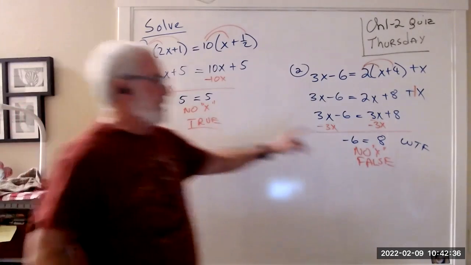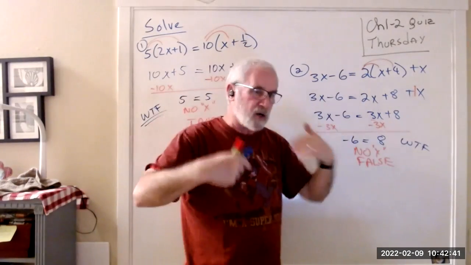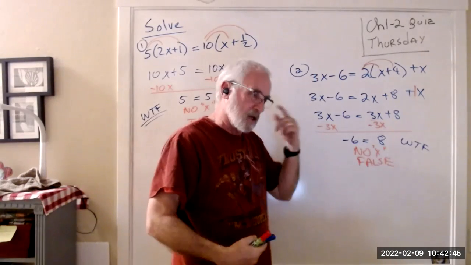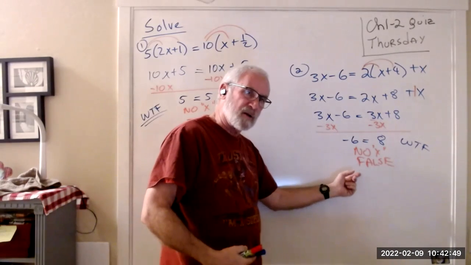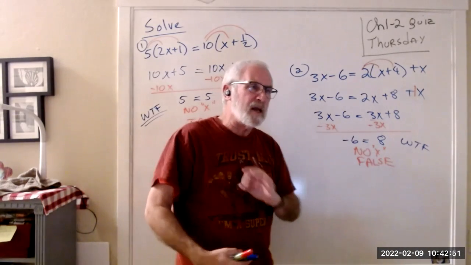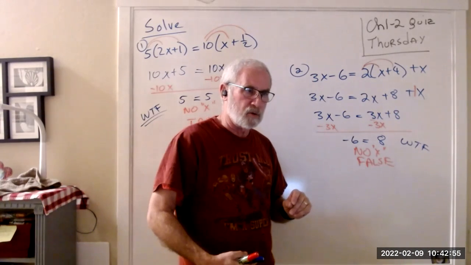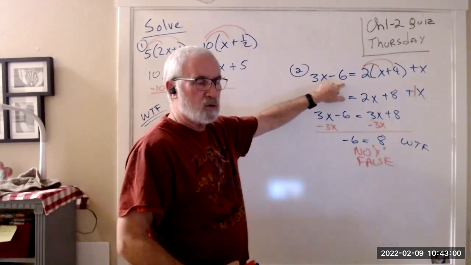WTF is not the answer. WTF is what you're thinking. You've got to go steps further down to get to the answer. And your thought process is, my x's dropped out, but this is false. That means there is no solution to this problem. No x in the world will make this true.